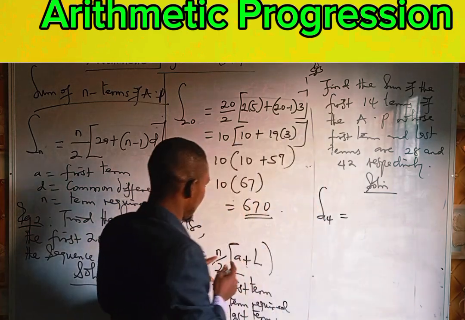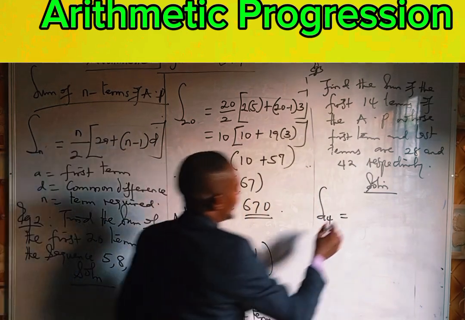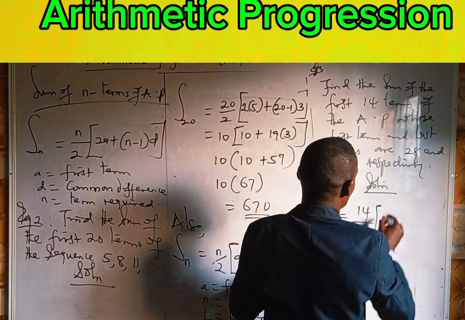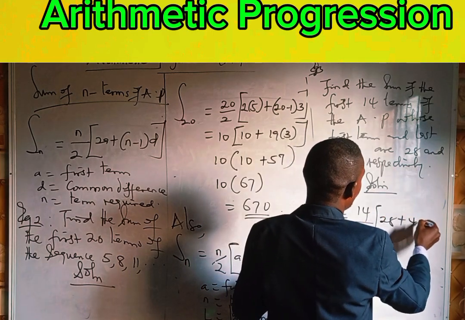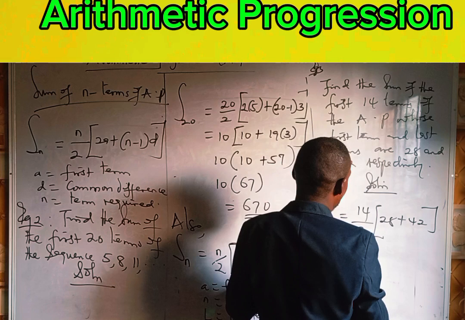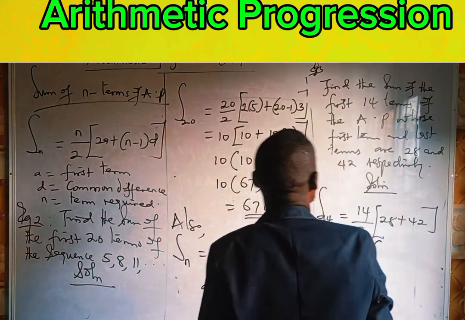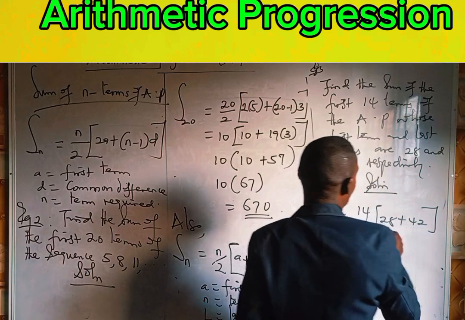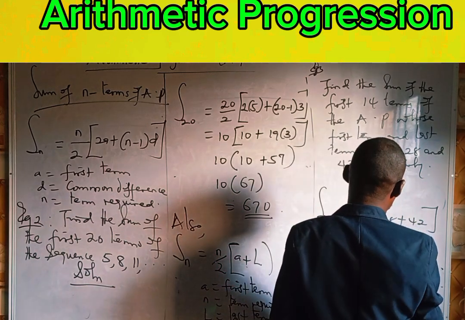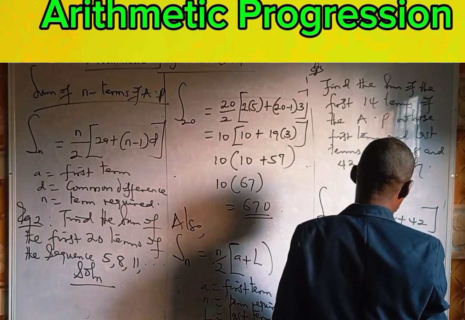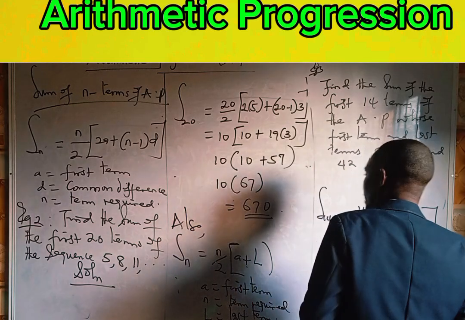This n is still 14 over 2. This is 28 plus 42. And this will give me 7. This one will give me 70. 2 plus 8 is 10. So this is 70. 7 times 70 is 490. Very good. Thank you so much.